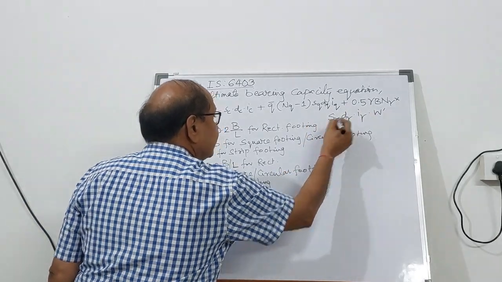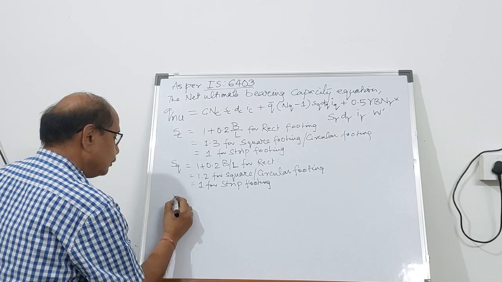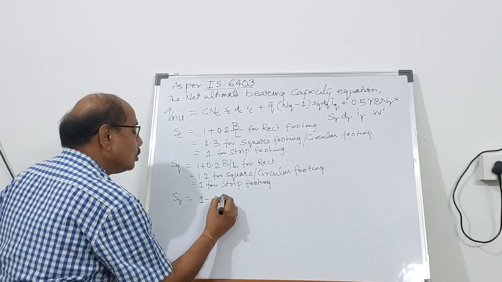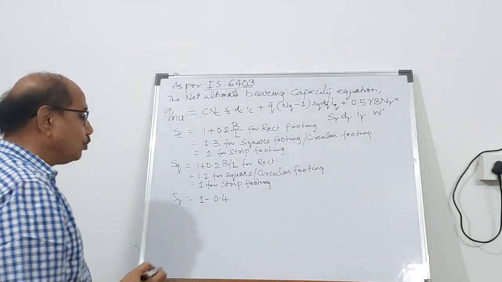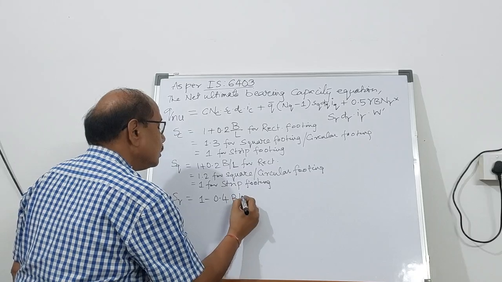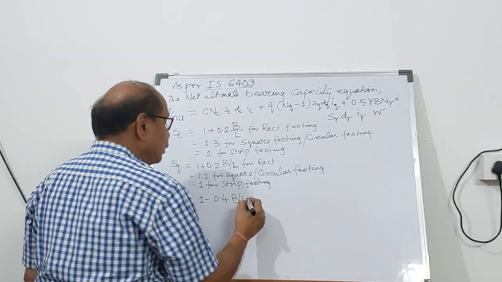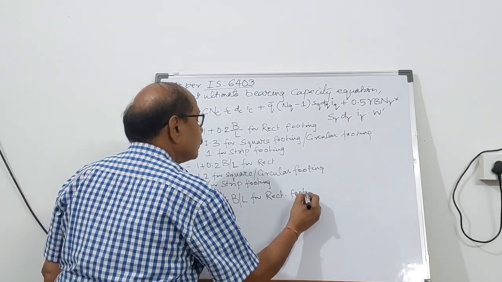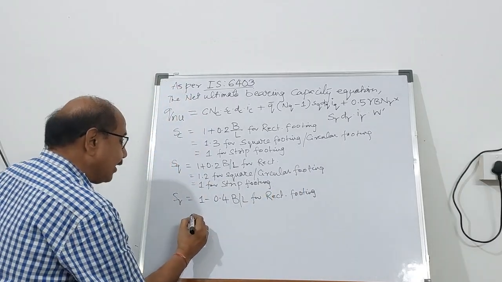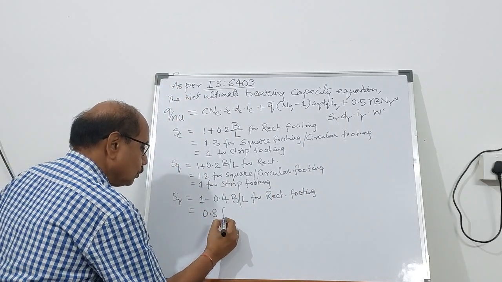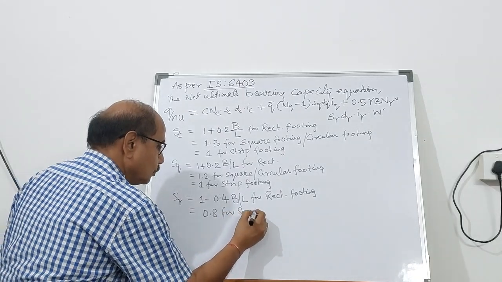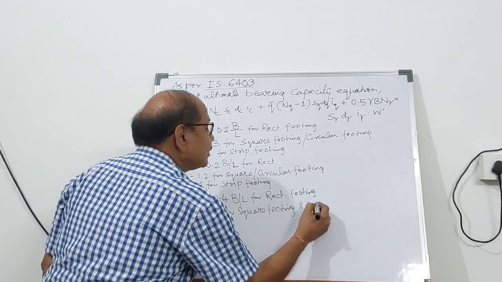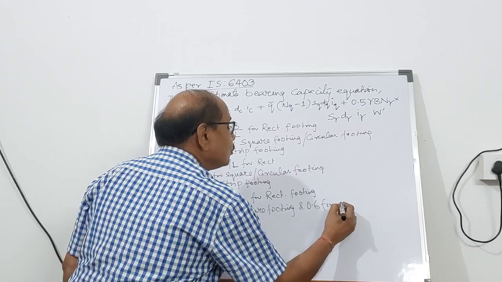Similar to this, another shape factor is S gamma, equal to 1 minus 0.4 B by L for a rectangular footing, and it is 0.8 for a square footing, and 0.6 for a circular footing.